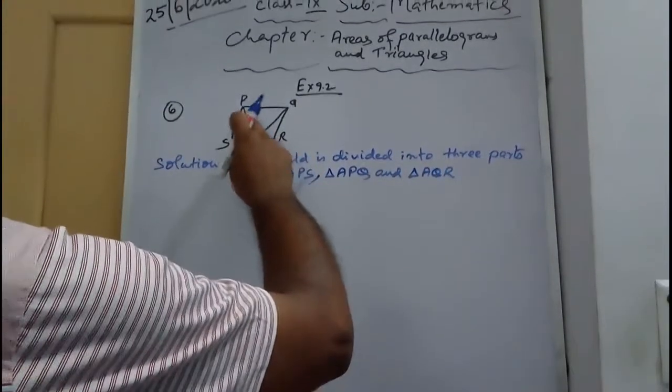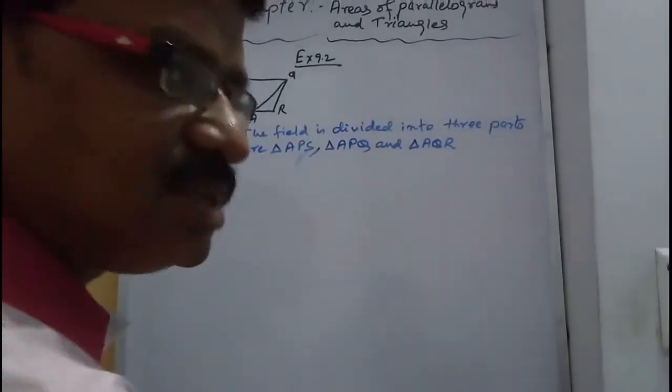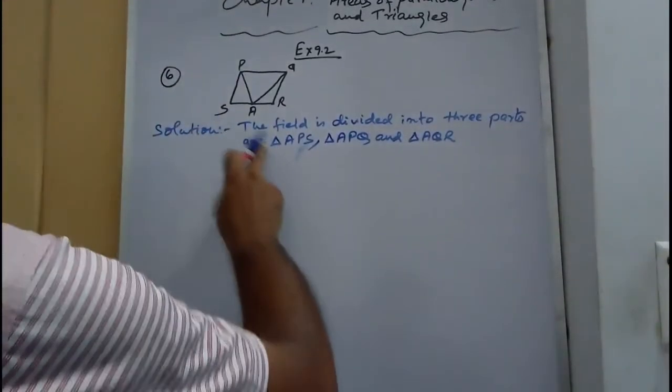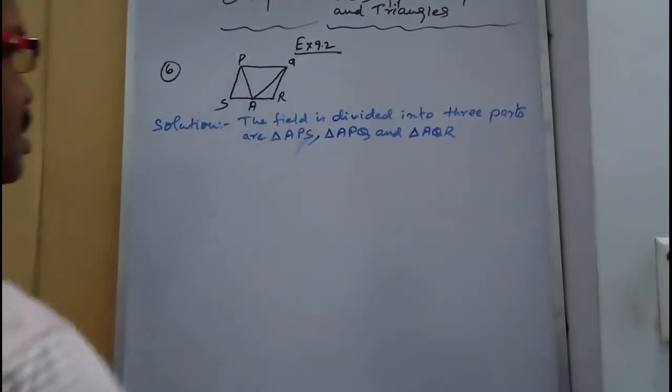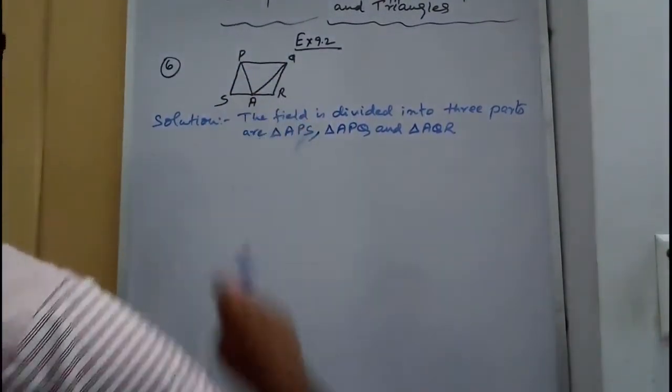So we divided this field into three parts, and the parts are APS and APQ and AQR.